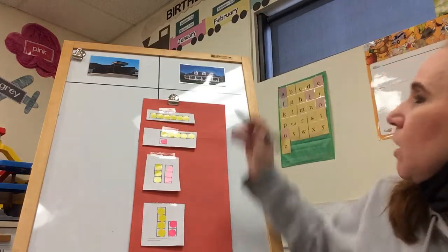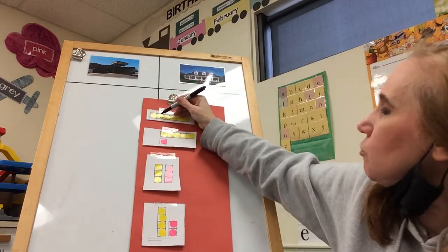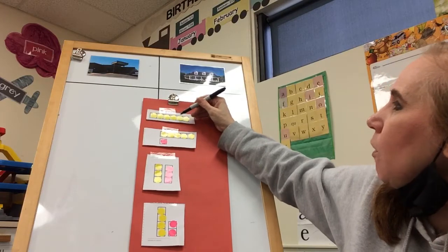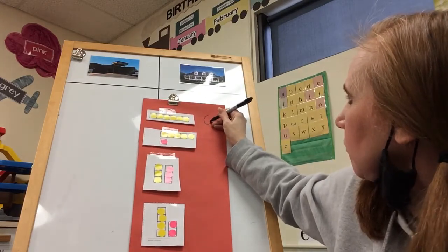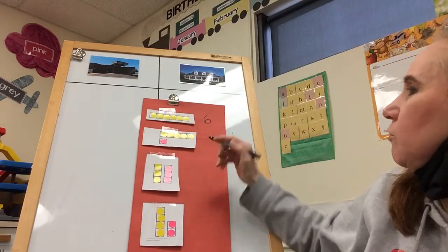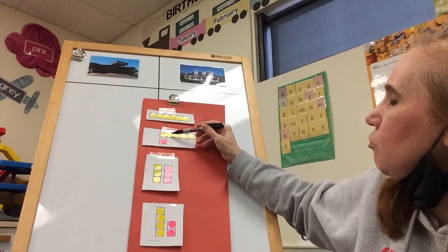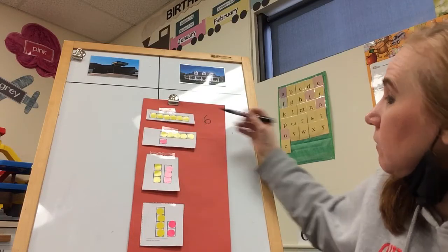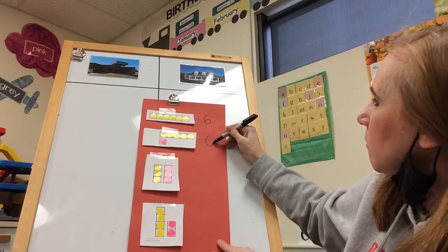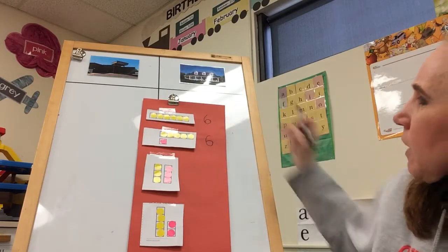So count with me. 1, 2, 3, 4, 5, 6. Oh, okay, this group has 6. Let's try this group. 1, 2, 3, 4, 5, 6. This group has 6. Wow, it's a different shape, but it has 6.